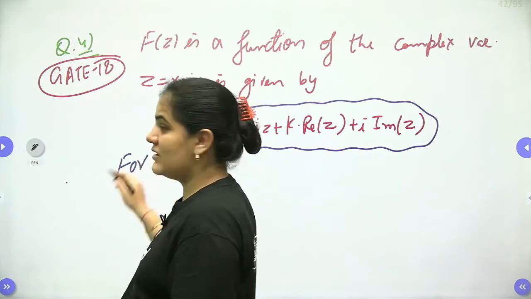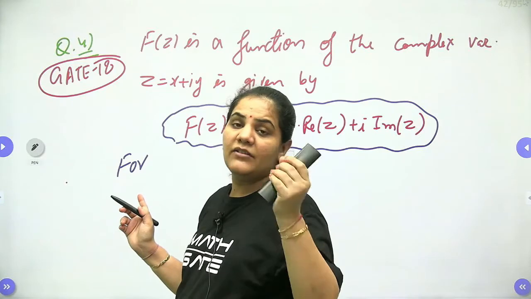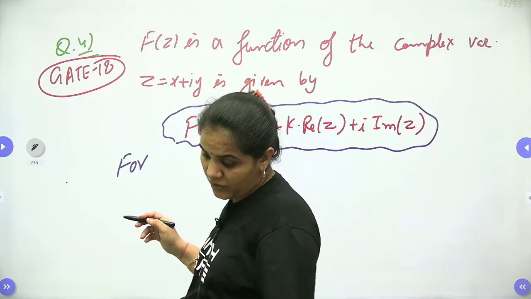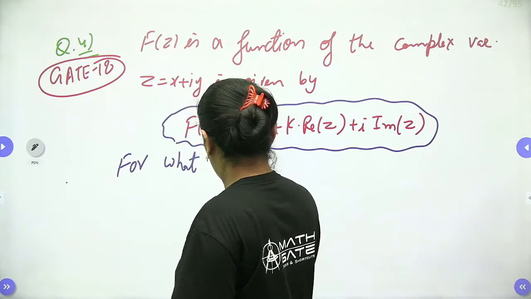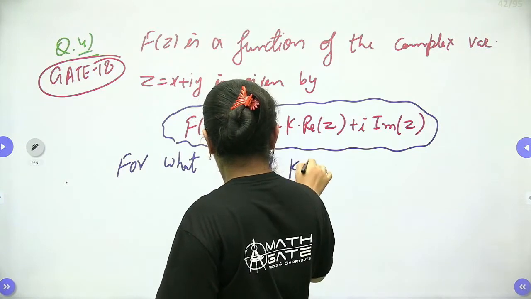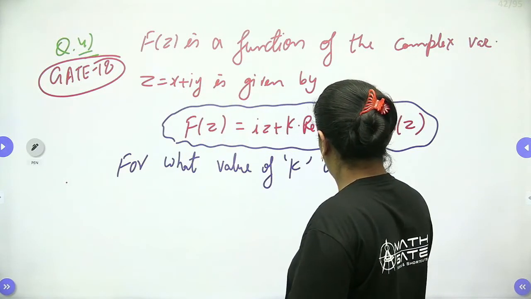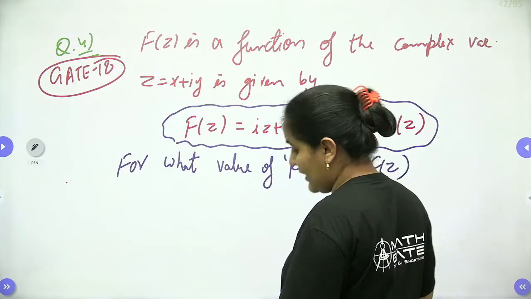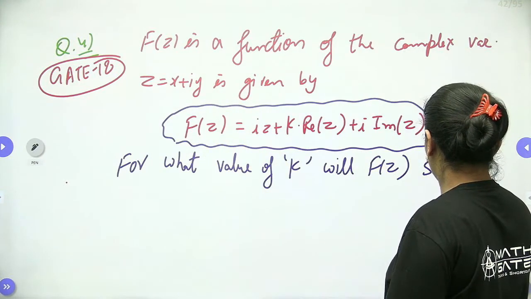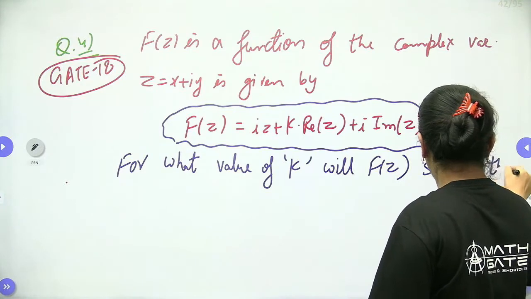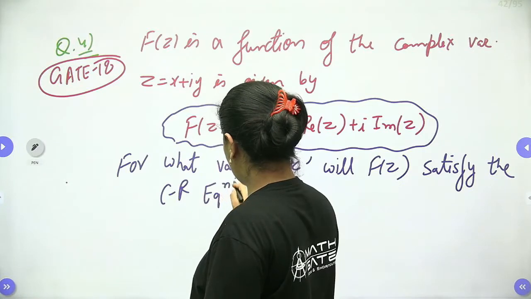Here again the question is the same pattern. Again we have the complete function, and we have to find the unknown quantity. So for what value of k will f(z) satisfy the CR equation, that is the Cauchy-Riemann equation?